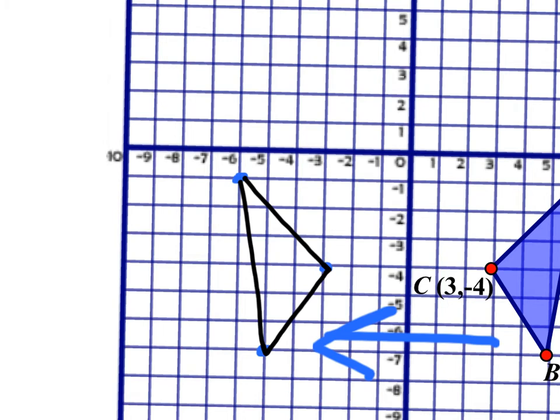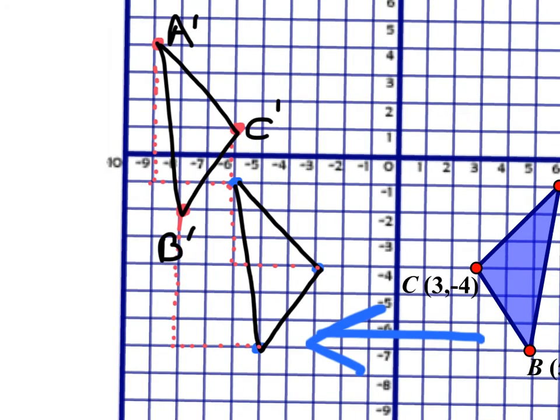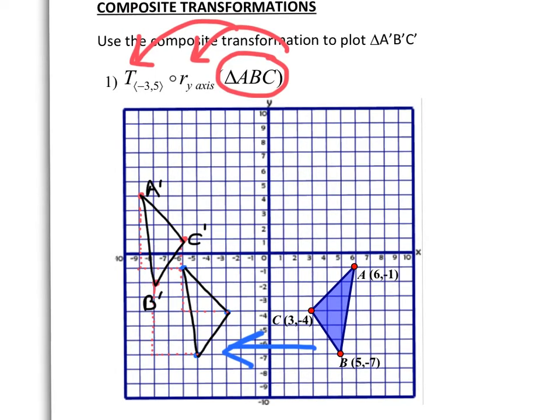So I will take each point and go to the left 3 and up 5. Just like that. Connect them and I have my A prime, B prime, C prime. And that's a composite transformation, remembering to work right to left.